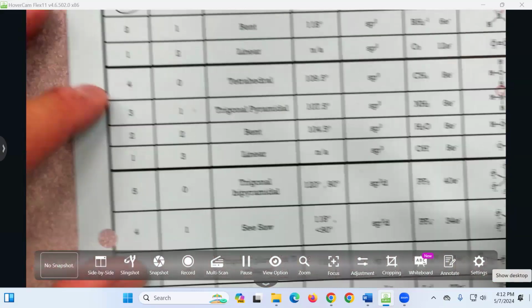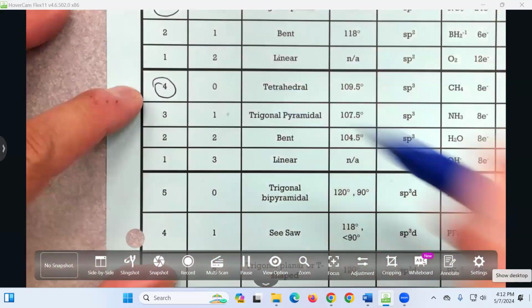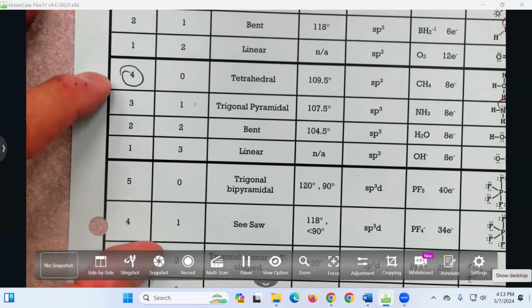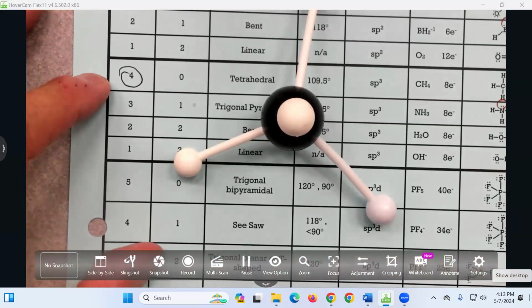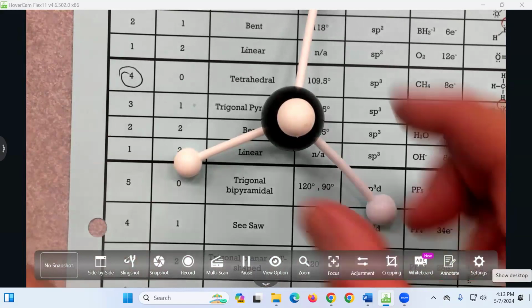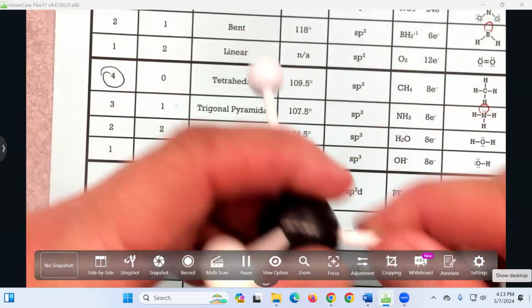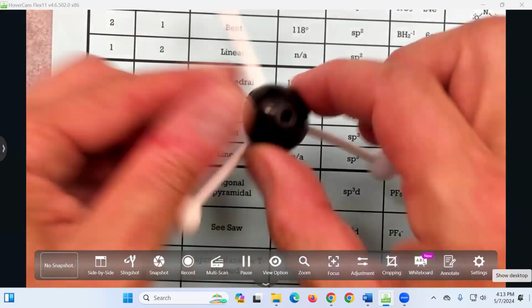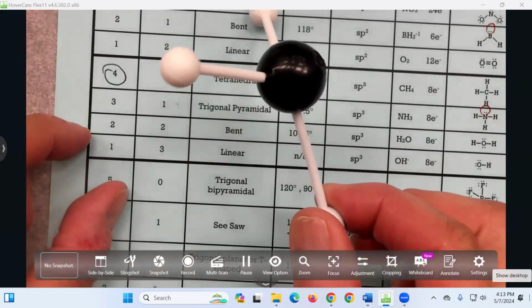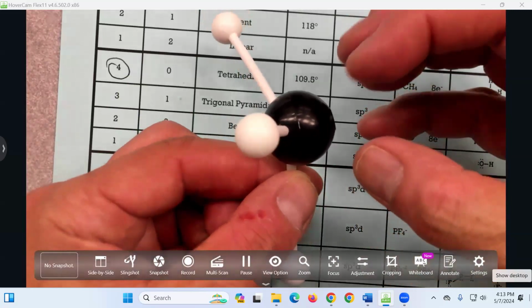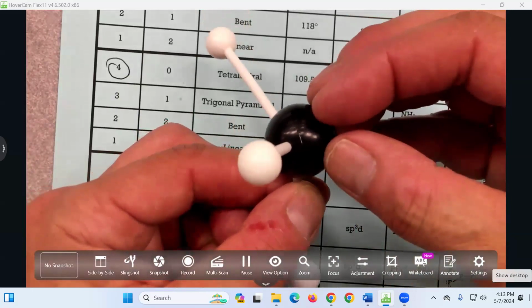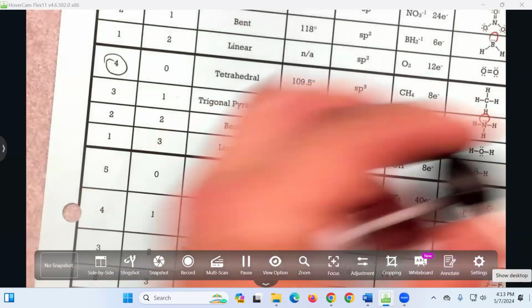If we go to 4-0, it's 1 s, 3 p's. What's my total? 4, right? What does that look like? Tetrahedral. This is 4-0. This would be 3-1, but my electron pair geometry is still 4, right? If there's a non-bonded pair here, then I can go down to this.